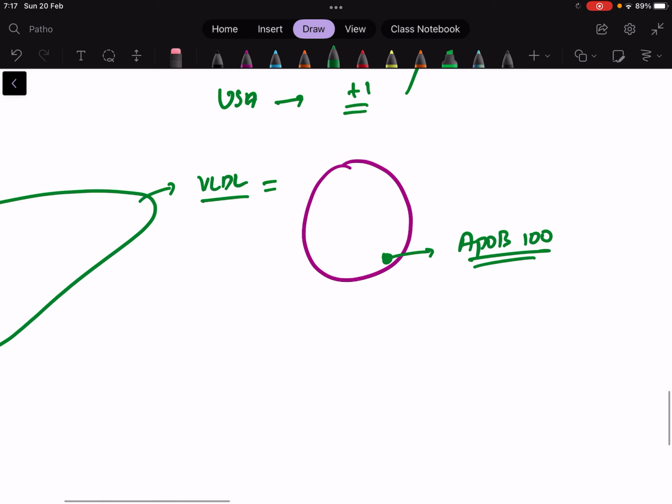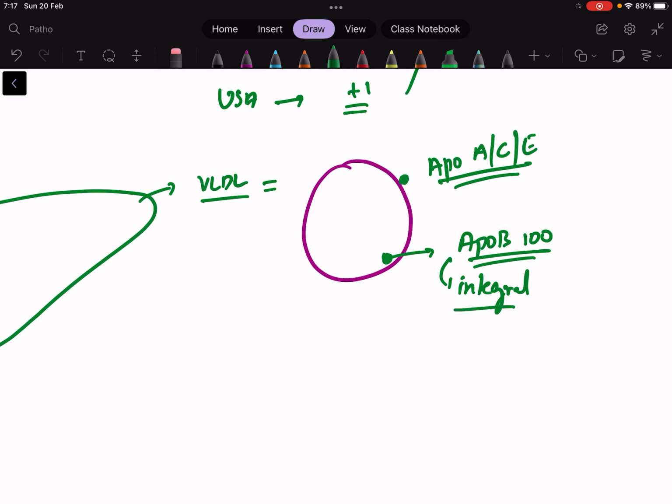Now ApoB100 is not present on the outside, it is present on the inside. You will be hearing apoprotein A or apoprotein C or apoprotein E. They are present on the external surface, whereas ApoB is always an integral protein. ApoB is an integral protein, hence it cannot be removed so easily.